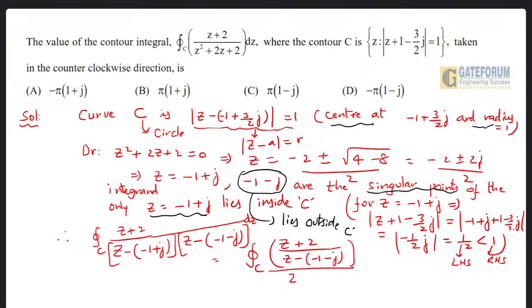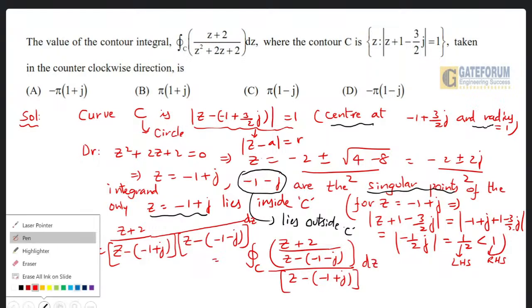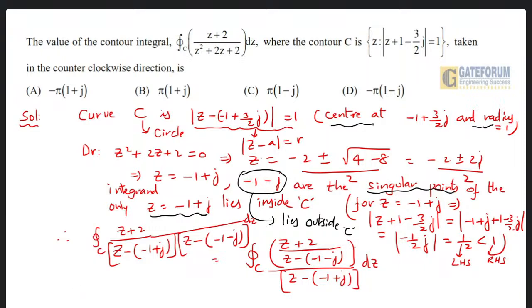Now this denominator is z minus of minus 1 plus j dz. Now this looks like Cauchy's integral formula, where the numerator fraction is denoted by f of z and the denominator factor is denoted by z minus a. So this point is a.